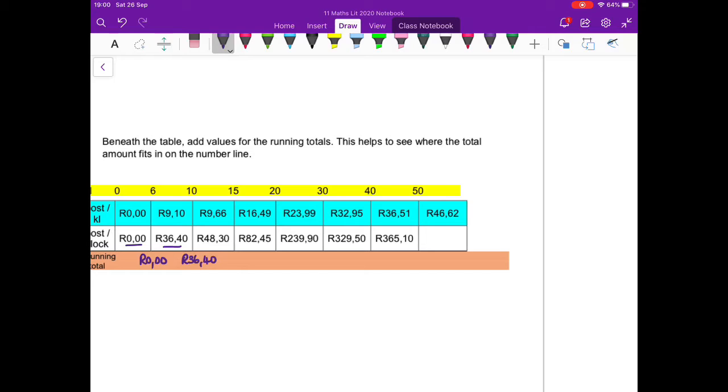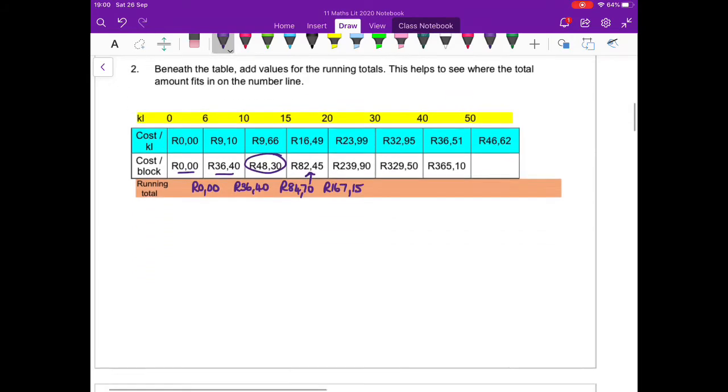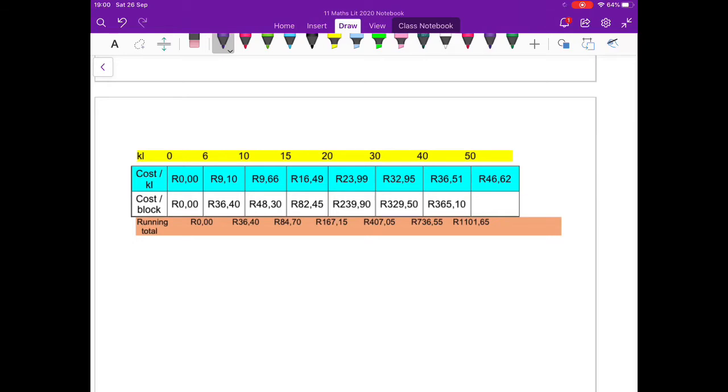If I add 36.40 plus 48.30, I'm going to get 84 Rand 70 cents. 84.70 plus 82.45 is going to give me 167.15. And remember, your preparation before just helps you in the long run when you've got to do the actual calculations. This is just part of the understanding. So this is what your water tariffs block would look like.